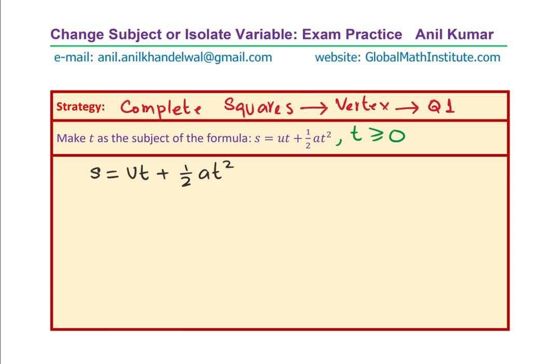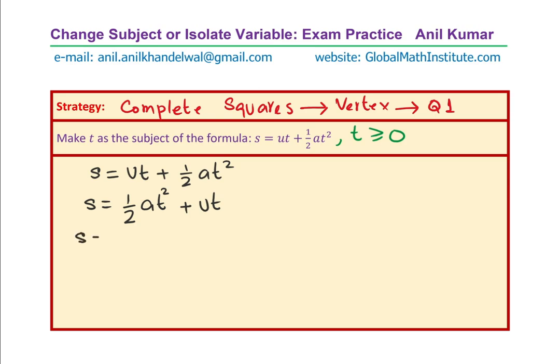Let us rewrite this equation in standard form, that is to say, highest power first, as normally we do with any polynomials. So I'm writing half a t square first, followed by ut, right? That is the commutative law of addition also. You can apply it here.